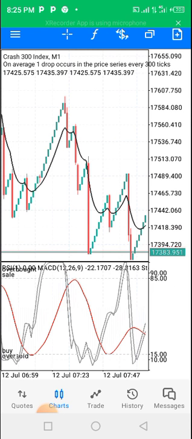Done. So okay guys, before you start scalping, what do you look out for? Before you start scalping, you check your indicators for them to give you the go-ahead. It will tell you when to start buying and when you should close.